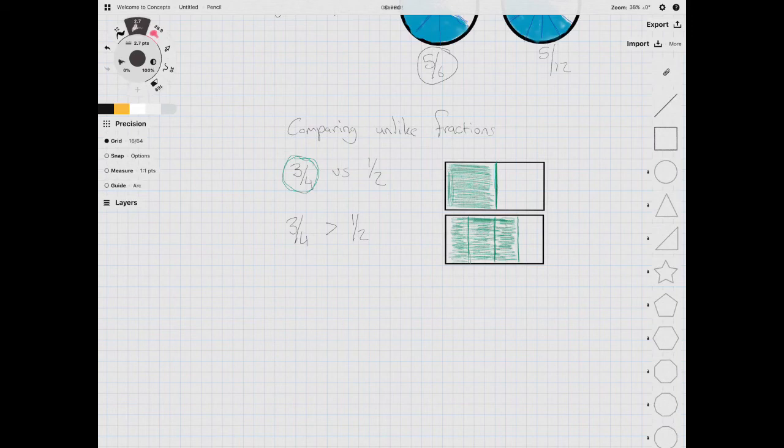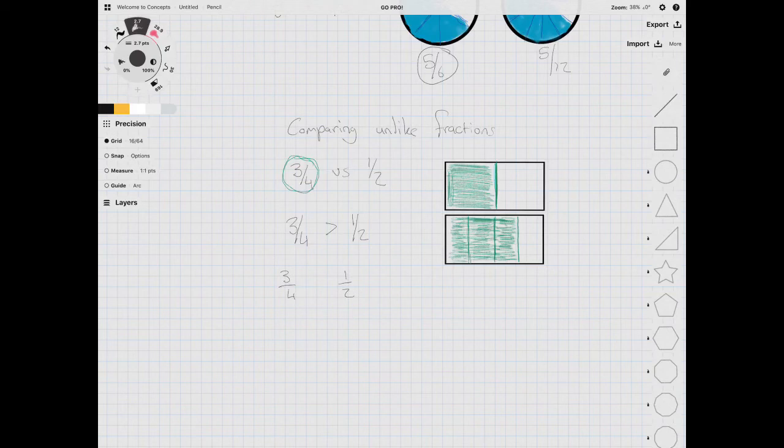All right, we could do this a different way. We could say, okay, well, I've got 3/4 and 1/2. And what we actually want to do is change one of these numbers so that it has either the same numerator or the same denominator.